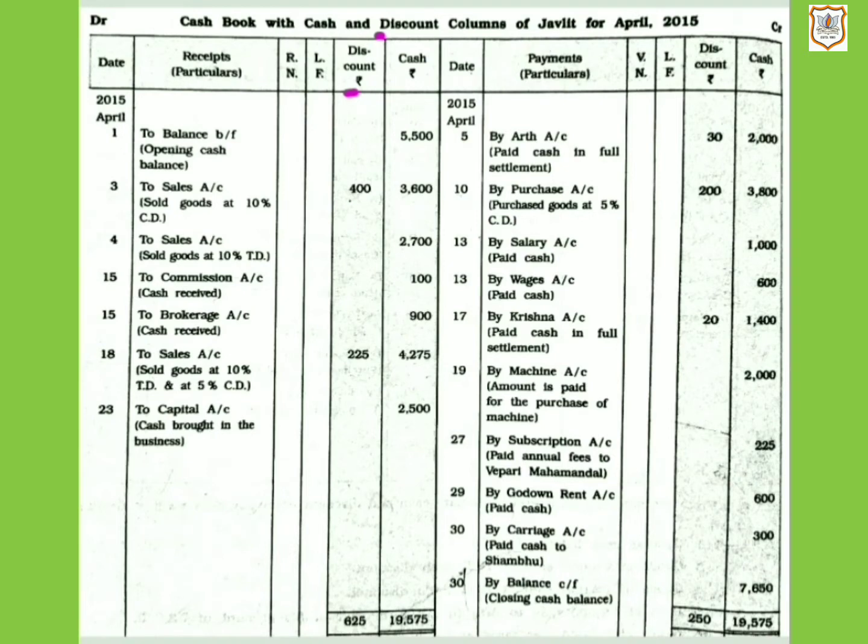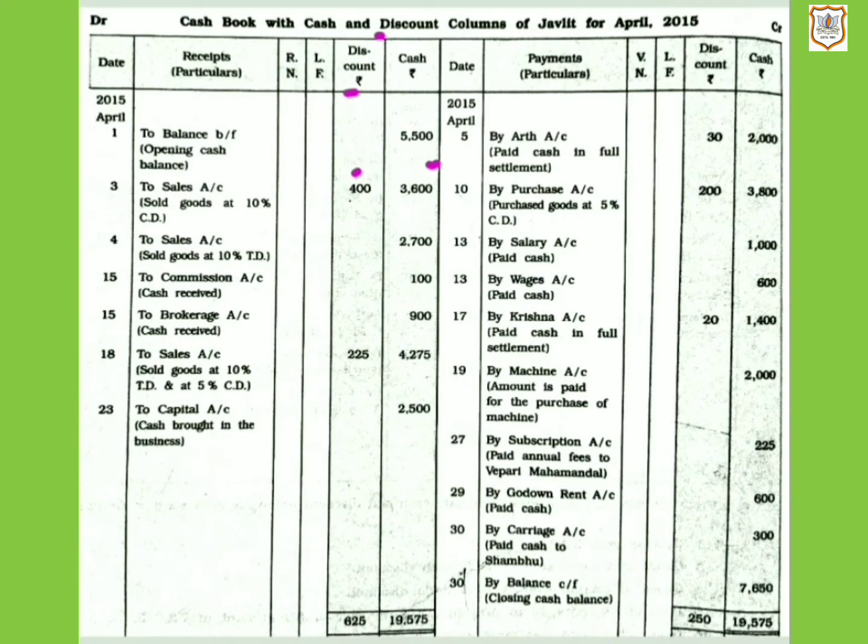So it is discount allowed and it is treated as an expense. So as per the rule, we will record it on debit side of cash book. So here 400, that is cash discount, will be recorded on debit side of cash book, and we will record it in discount allowed column. And in cash column, since we are receiving only 3,600, that is 4,000 minus cash discount 400, that is 3,600. So in cash column we will record here 3,600.